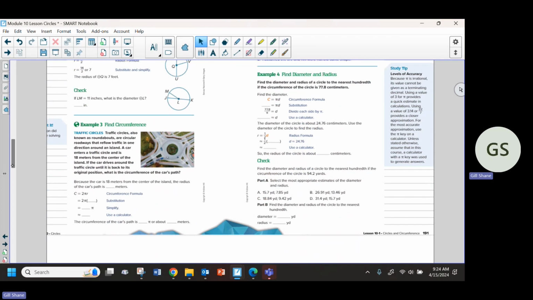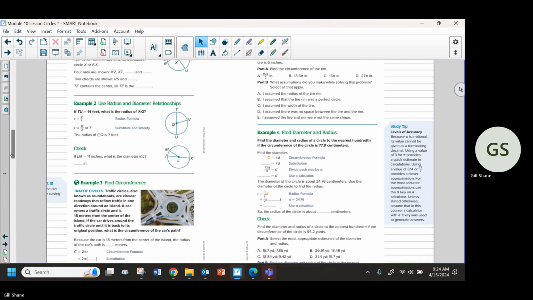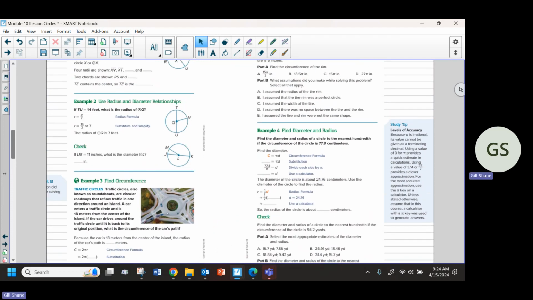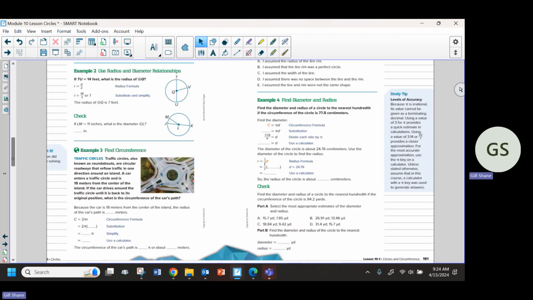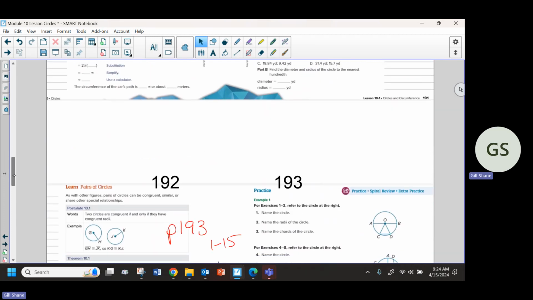So we did all those examples. Again, some kids still struggled on it, but you're just plugging numbers into a formula. You get the circumference formula.